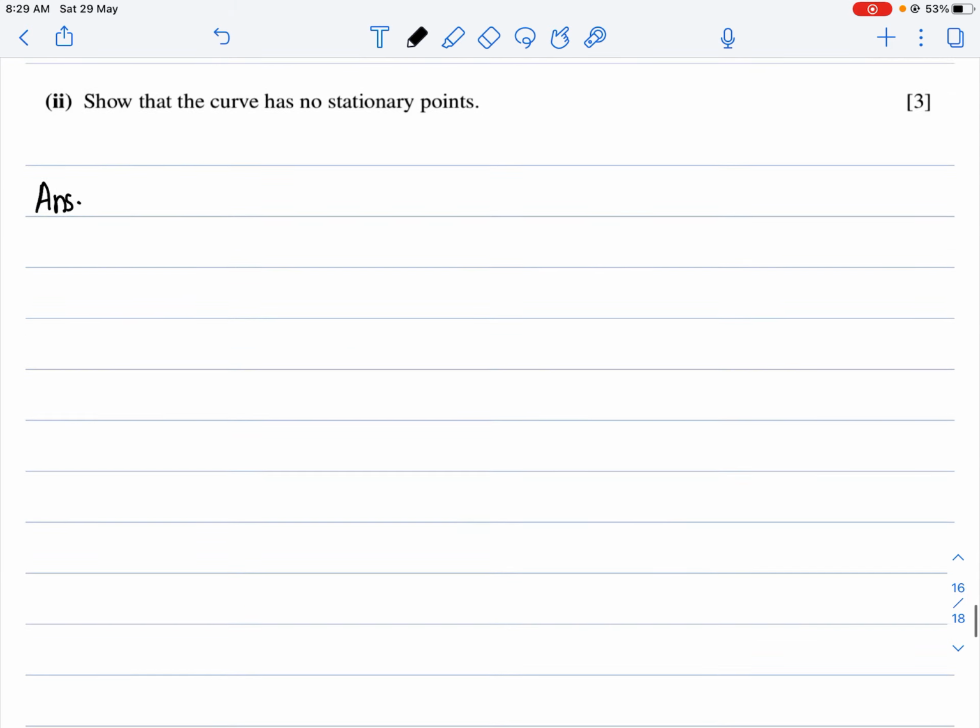That is the final answer for part 1. Now, show that the curve has no stationary points. No stationary points means that when we equate dy by dx to 0, we should get no x coordinate. If we get no x coordinate, that means there's no stationary point.